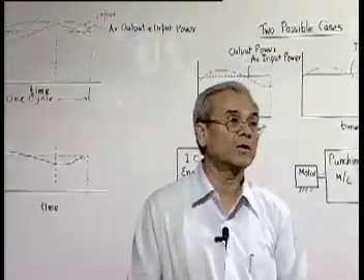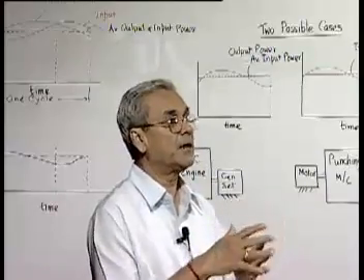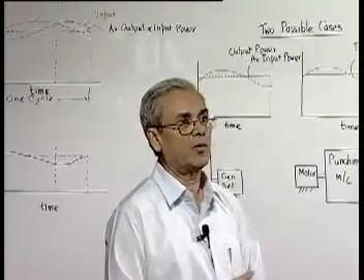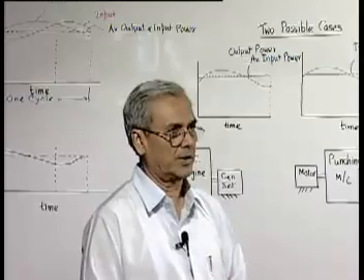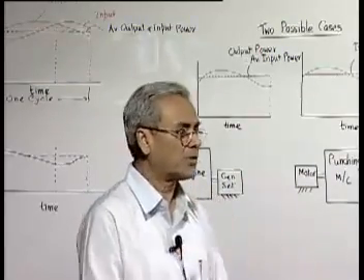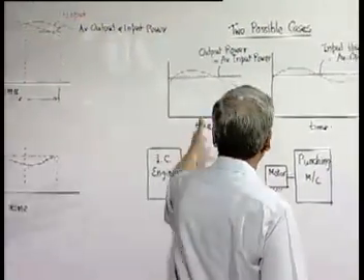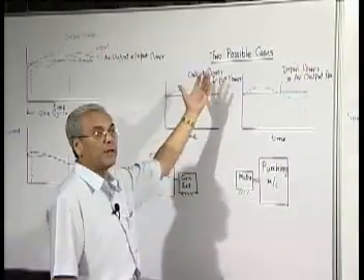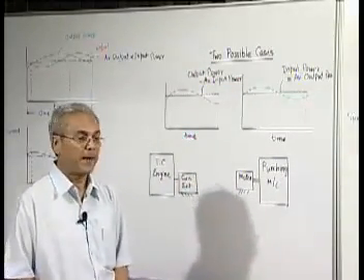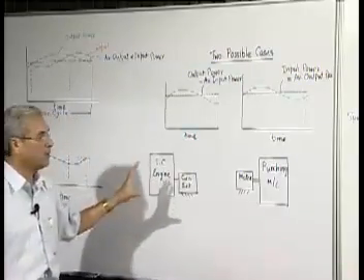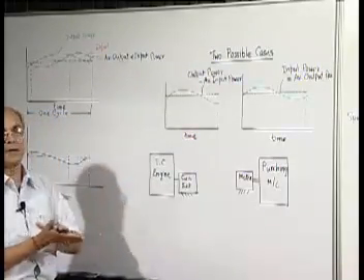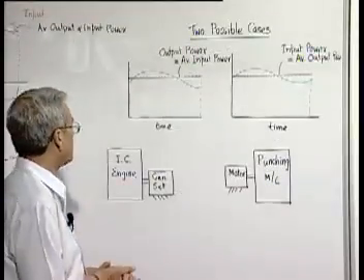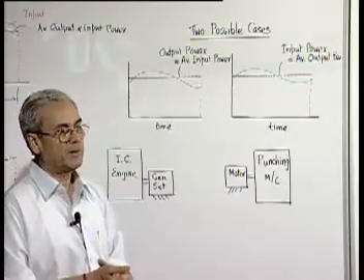Now depending on the operation, there are permissible limits to which we can allow this operating speed to fluctuate. If the operating speed fluctuates too much, then the functioning or the performance may not be acceptable. And therefore, we will see what can be done to keep that fluctuation of speed within the permissible limit.